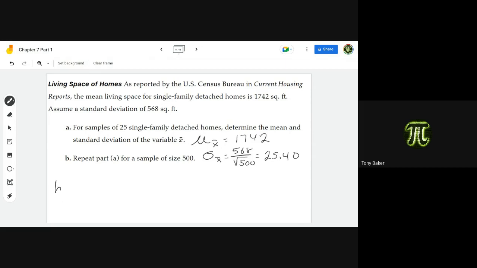So remember, if I took 500 homes out of the entire United States, I would have a 68% chance of getting a number between 1716 and 1767. That's one standard deviation.